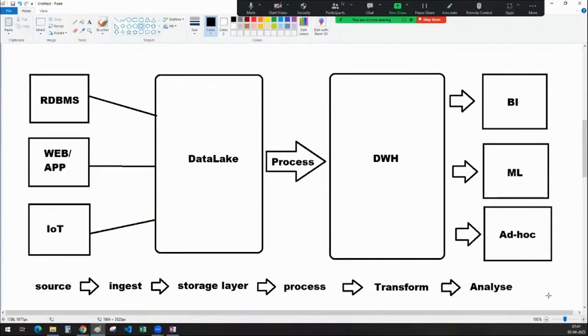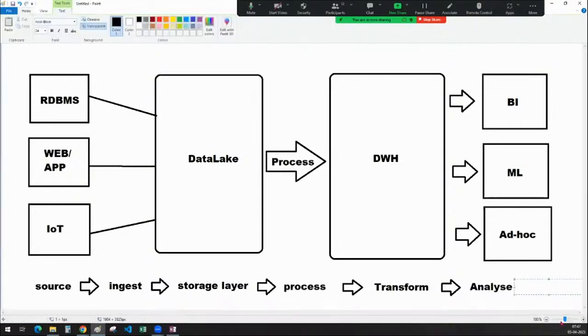In a data life cycle, it is collecting or ingesting the data and storing the data, processing or transforming the data, and finally analysis, or you can also say dashboards and report creation, reporting.